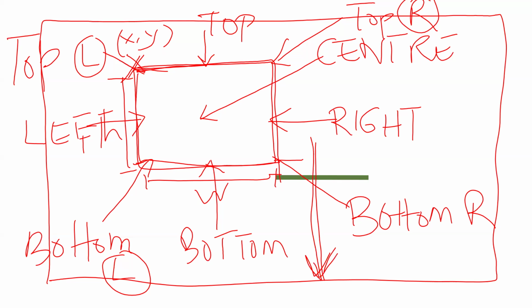The value of its bottom will be changing. The right remains the same. If it is dropping vertically, the left remains the same, and the height is still the same, but the top, which is the gap between this line and the horizontal line at the top side of our screen, that's the dimension of the top here.